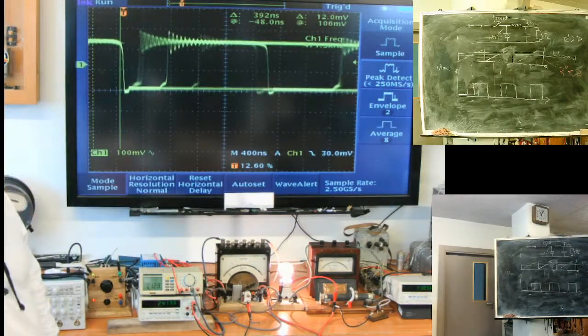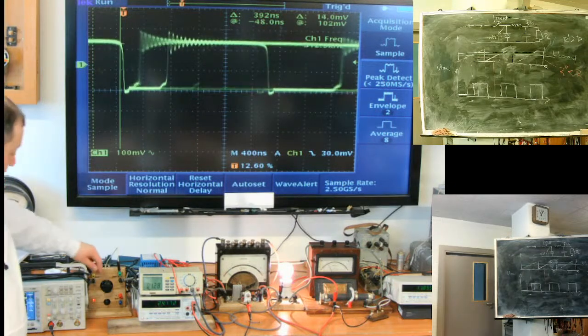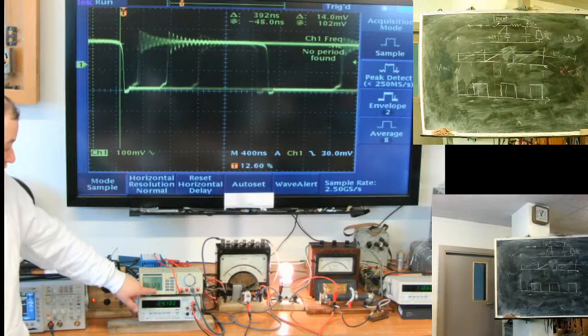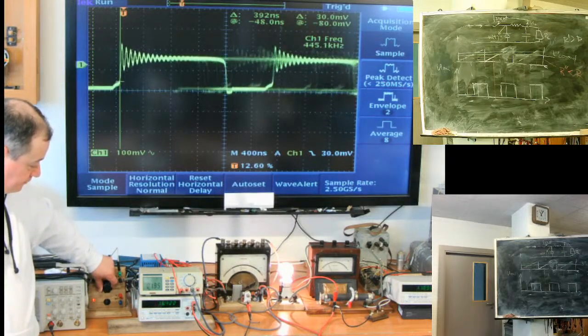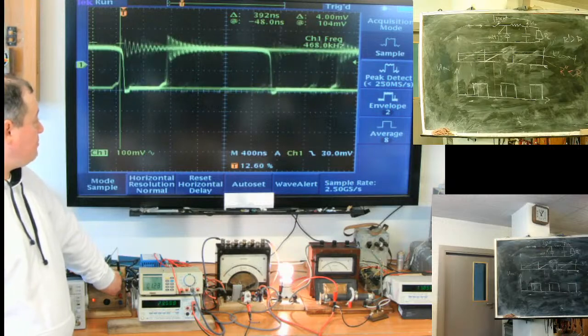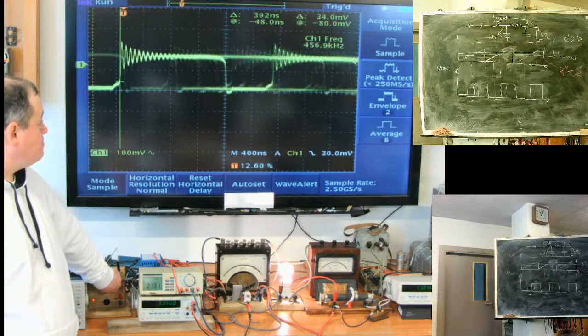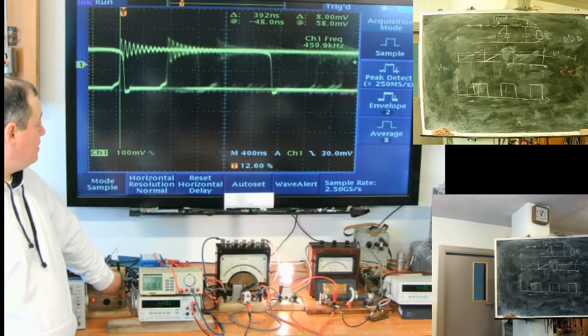What will happen if I change the primary supply voltage? Take a look. Now we have 24 volts and 1.8 amps. 16 volts. See what happens? Oh, it's a margin of stability.